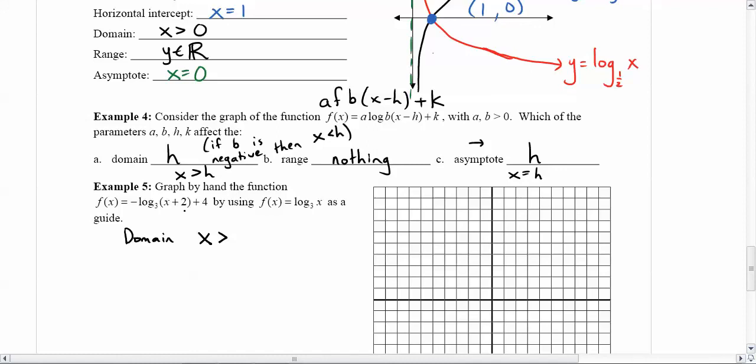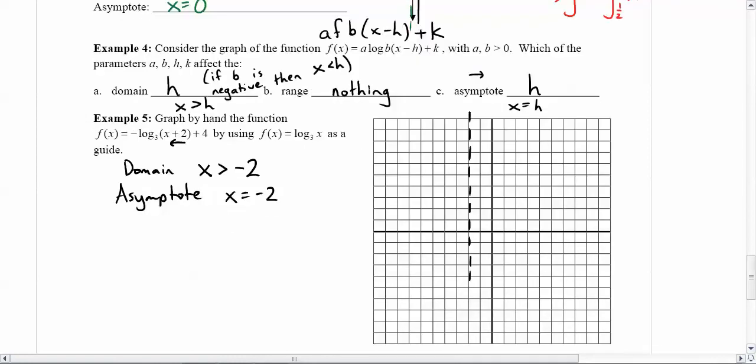The 2 moves the graph 2 units to the left. So instead of having an asymptote at 0, now we have an asymptote at -2. So x will be bigger than -2. The asymptote will be at -2, so we can draw that right away. And the range will always be all real numbers, no matter what you do.